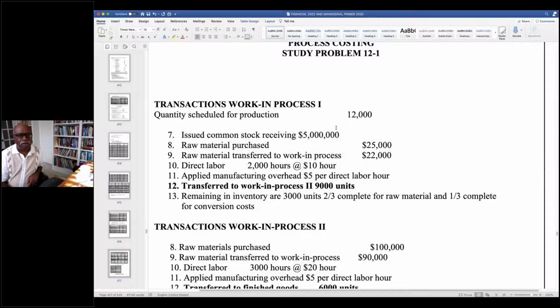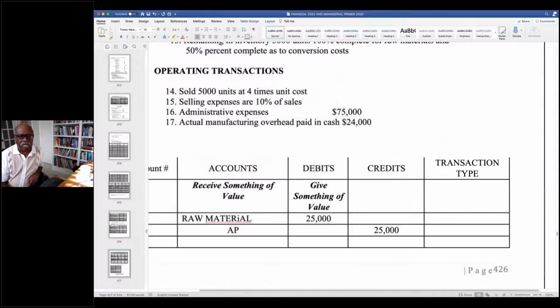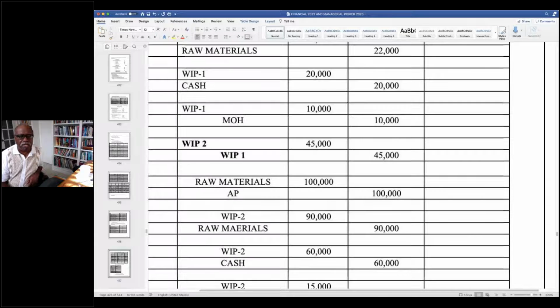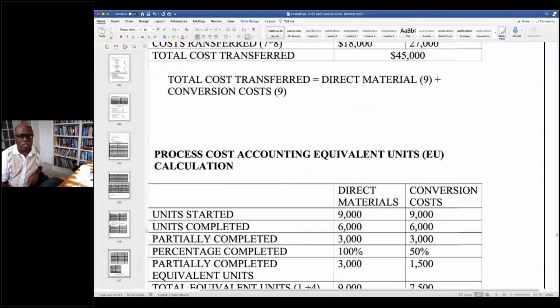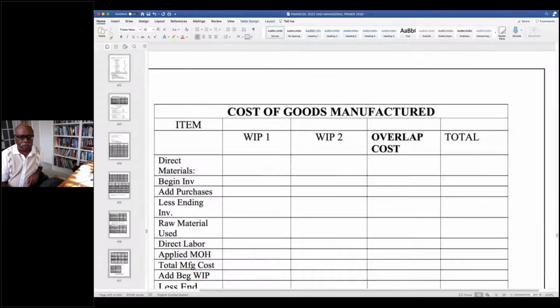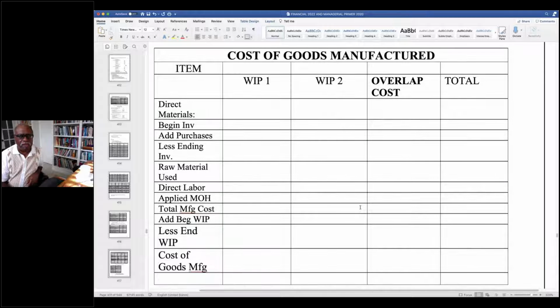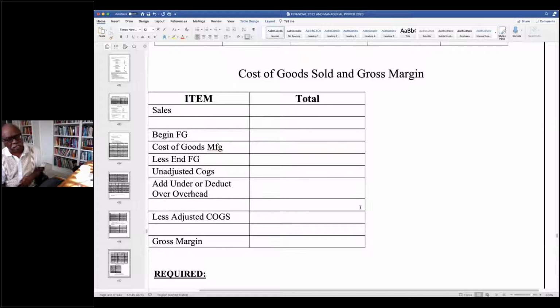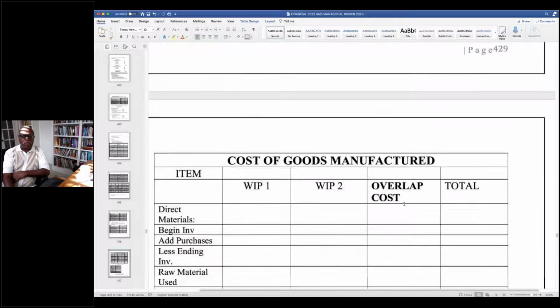Okay, so here's 12-1, work in process 1, work in process 2, operating transactions. And you're supposed to make these journal entries and do all of this. So we then come up with a cost of goods manufactured and cost of goods sold. So that's where we all are going, and that's what you all are doing.